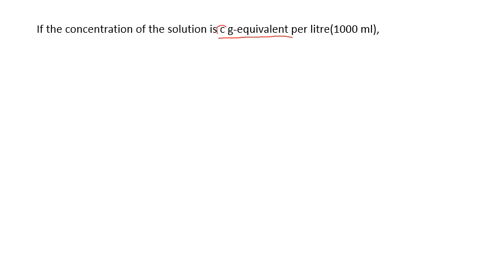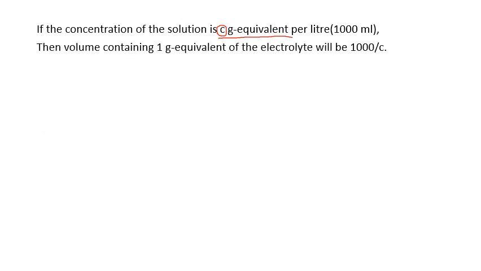So for 1 gram equivalent, the volume containing 1 gram equivalent of the electrolyte will be 1000 by C. This is the direct one, a very important formula.